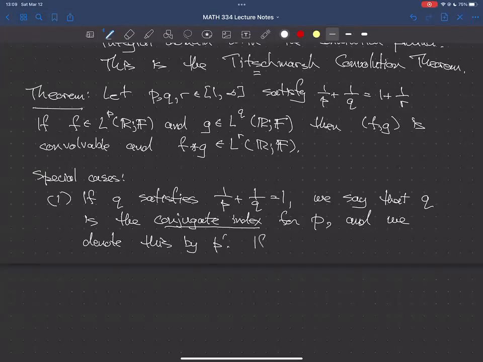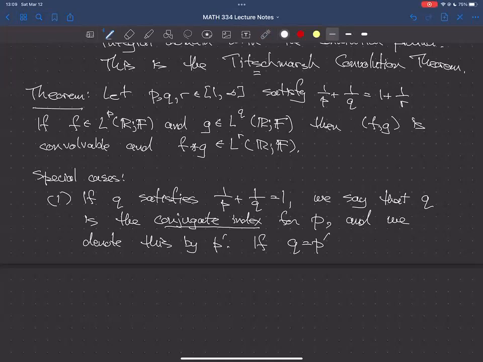Okay, so now if Q is P prime, the conjugate index, then it must be the case from this equality, right? 1 over P plus 1 over Q is already equal to 1, so this must be 0. So it implies immediately that R is equal to infinity.